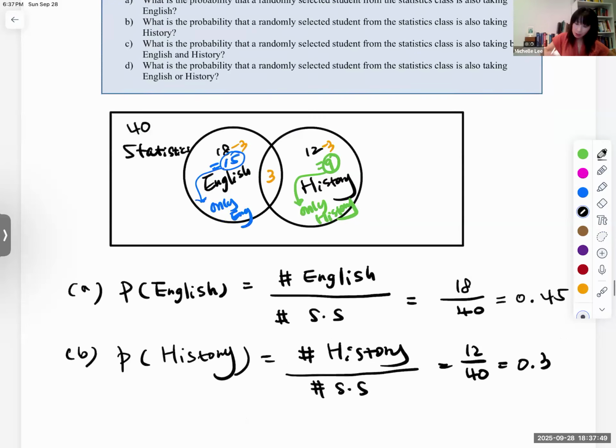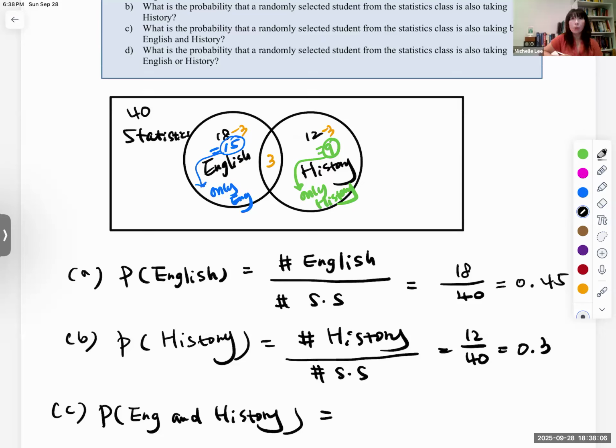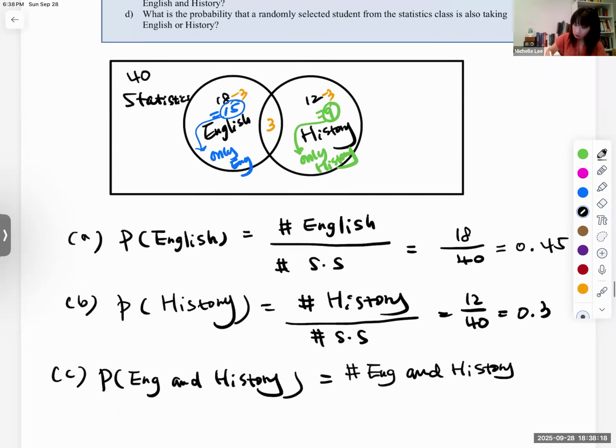both English and history, there's the overlapping part. English and history. So that's the common part, right? So English and history over number of sample space.